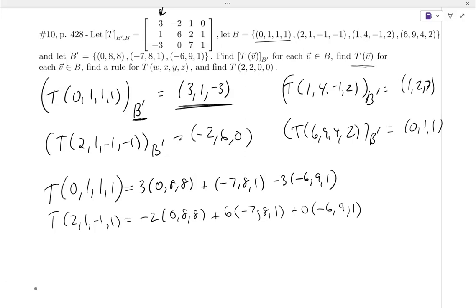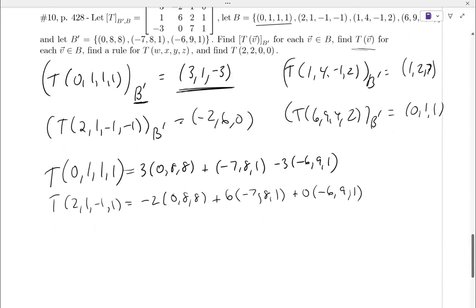I'm not going to go through the last parts because I want to get to some new stuff today, and that's going to take me longer than I wanted to spend. But once you get these output vectors here, if you want to find a rule for the general W, X, Y, Z idea, remember, this is when we used GeoGebra to help us out a little bit.